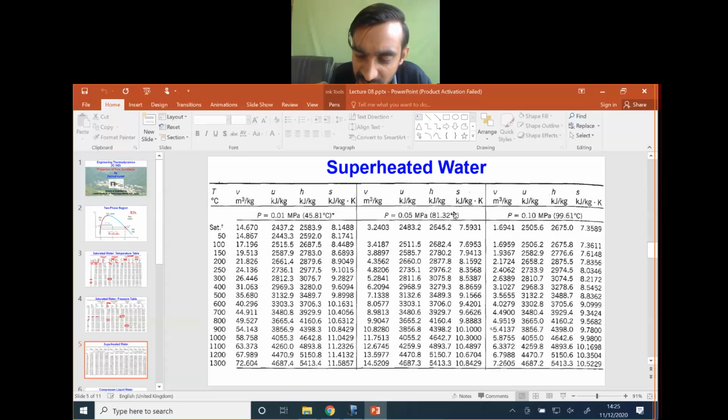Because the saturation temperature is 81.32, so 50 degrees Celsius at a pressure of 0.05 megapascals will not be a superheated state. That's why we don't have superheated properties available in this situation. Similarly, for the next pressure, 0.1 megapascal, our saturation temperature is 99.61. So this is about our superheated tables.